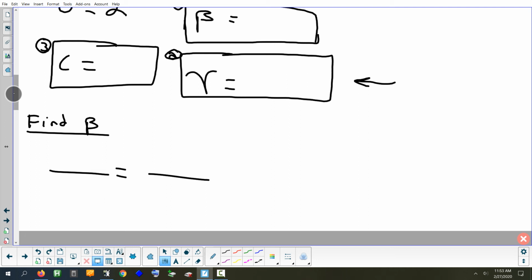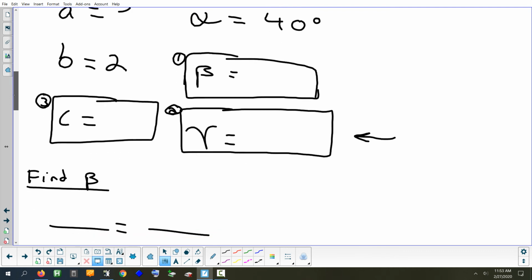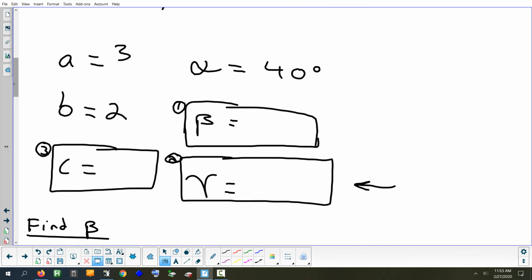So Chris, for my proportion to find beta, what can I put on the left side? Beta? Yes. Sine 2. Think back to your formula.